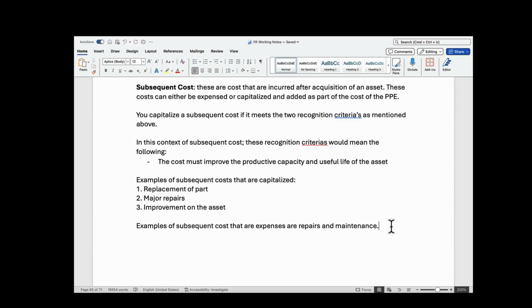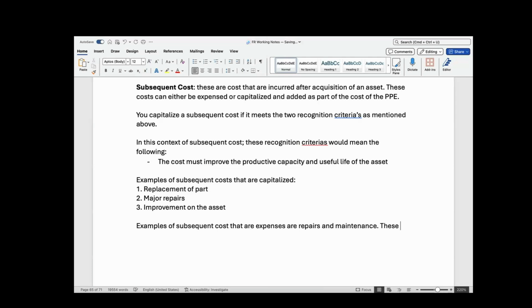It's different from when you do a major improvement, major repairs, a replacement of parts that will increase the useful life from 10,000 to 15,000, or from 10,000 to 12,000. That is not repairs and maintenance anymore. That becomes major repairs. That becomes an improvement. Such costs are usually capitalized.